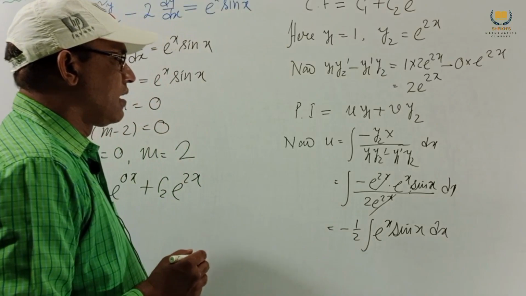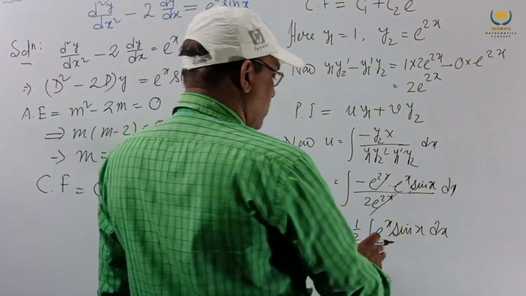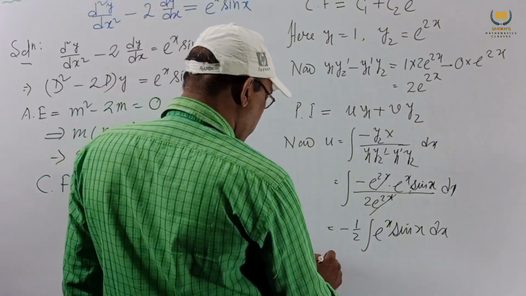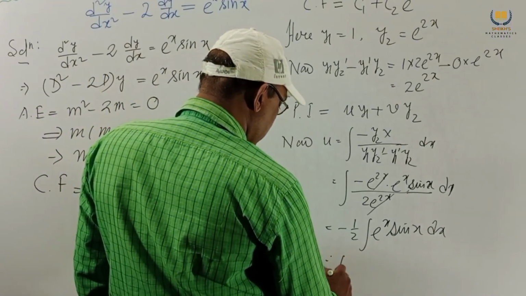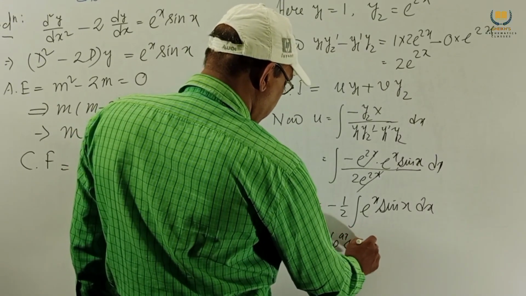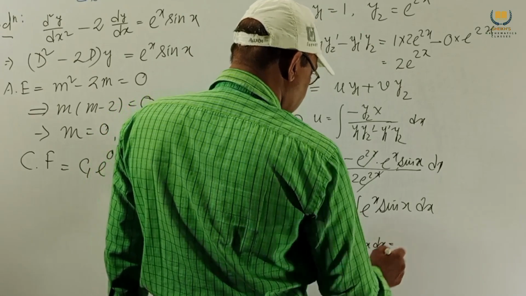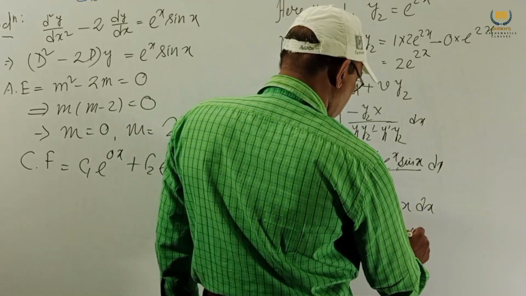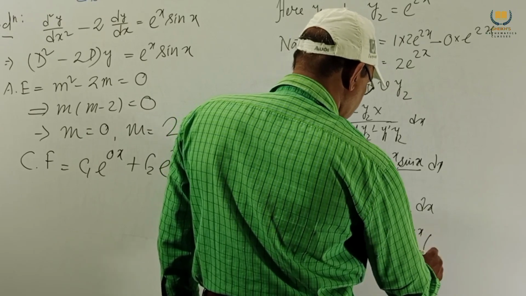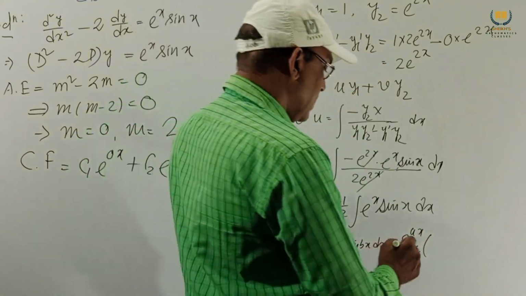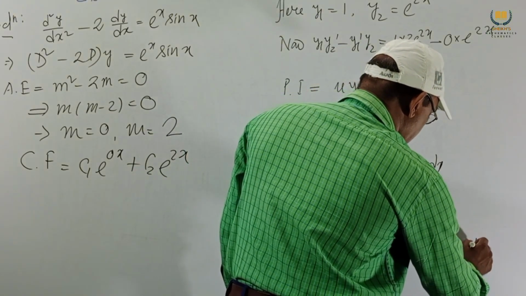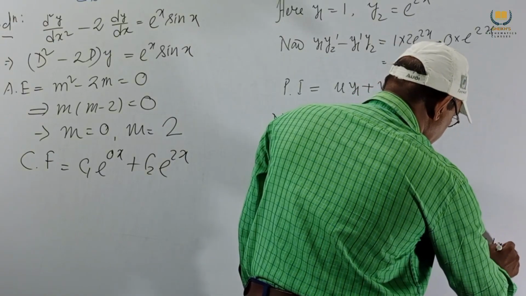This is our u. Now we use the formula, we know this formula, integration e to the power ax sin bx dx equal to e to the power ax by a square plus b square into (a sin bx minus b cos bx).